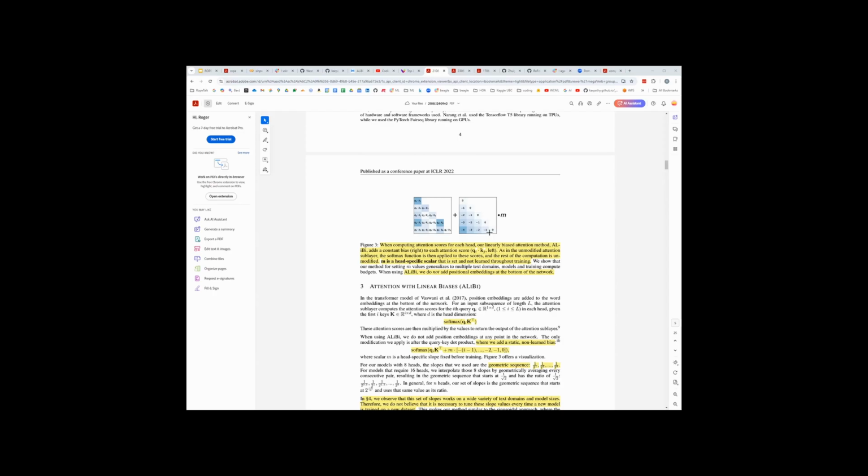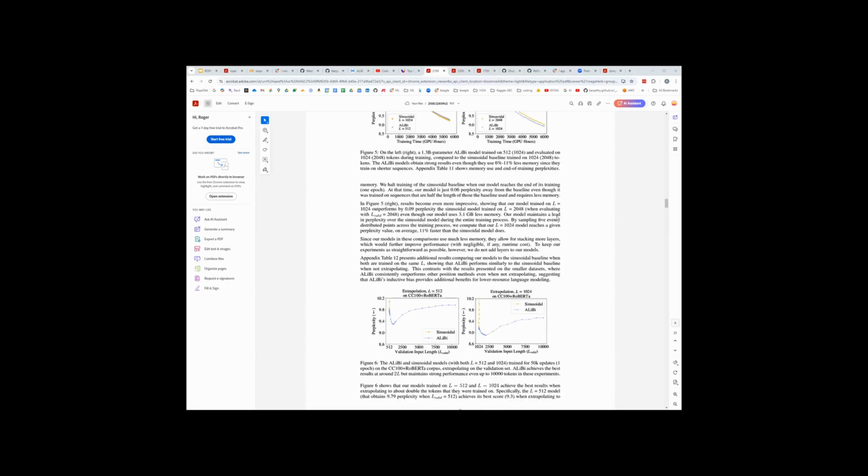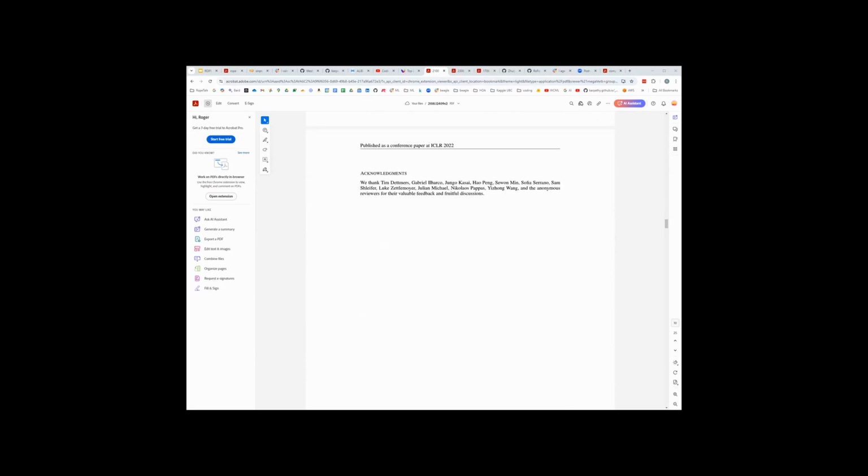So there might be a different picture if T5 somehow adds it to the keys or something like that before doing the dot product, then that would explain the difference in performance. I'm not sure why you'd do it that way, but that could explain it. Yeah, I'll try to find it in the T5 paper. Okay. Anyhow, I think that was all that I wanted to show out here.